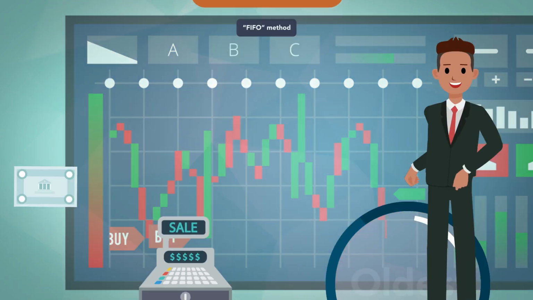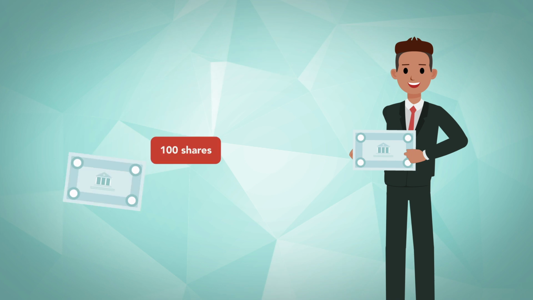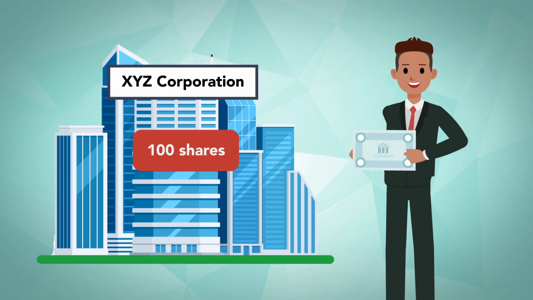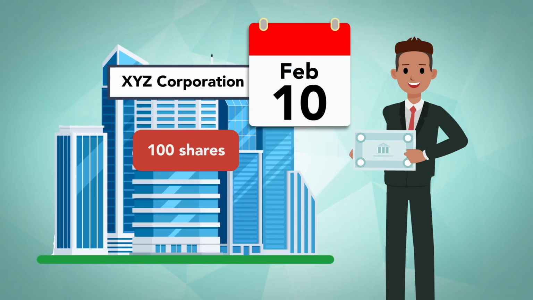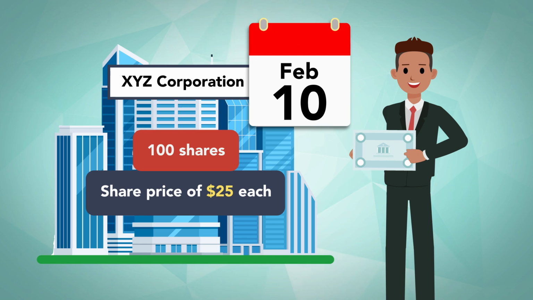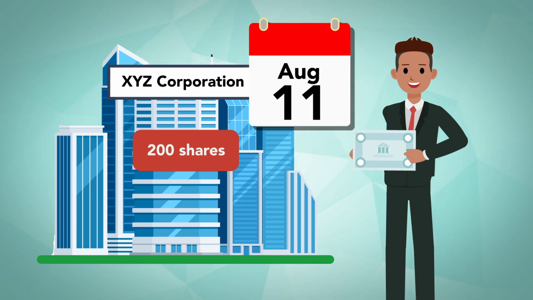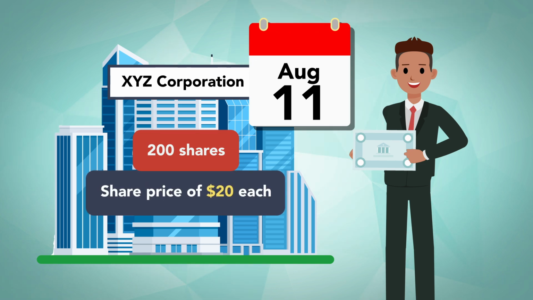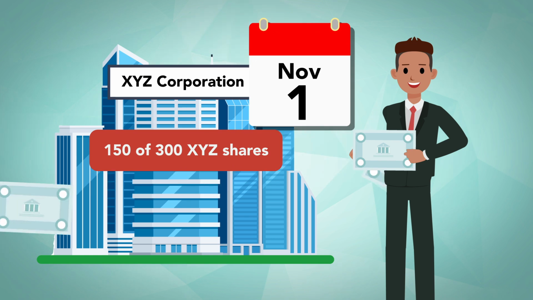For example, assume Adam purchased 100 shares of XYZ Corporation on February 10th at a share price of $25 each. On August 11th, he purchased an additional 200 shares of XYZ Corporation at $20 each. On November 1st, Adam decides to sell 150 of his 300 XYZ shares.